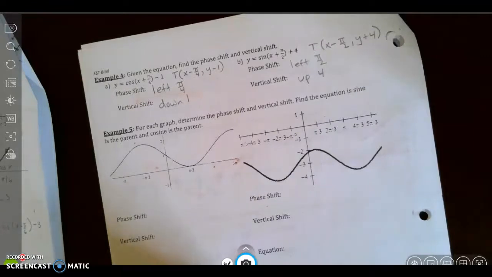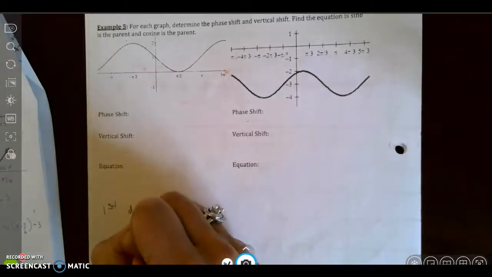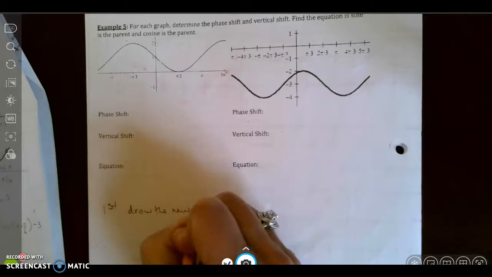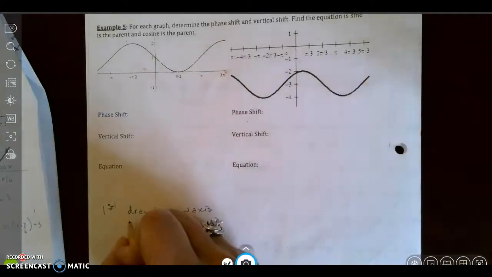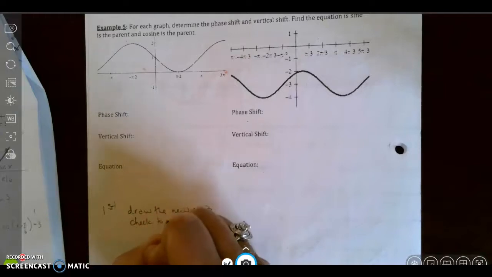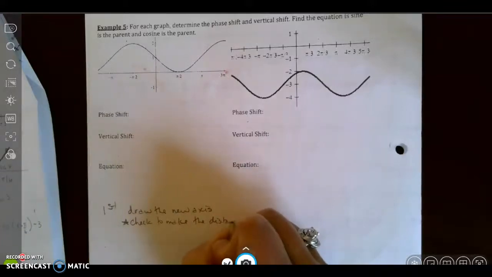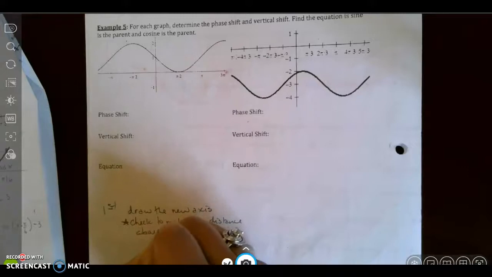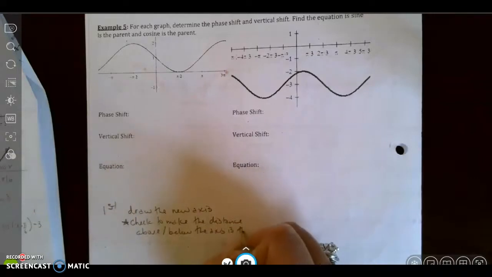I'm going to write the steps down here at the bottom of the page. The very first thing you have to do is draw the new axis. So, how do you determine where that new axis is going to be? Sometimes you can eyeball it, sometimes you can't. You always want to check, and this is the thing people skip, that the distance above and below the axis is the same.